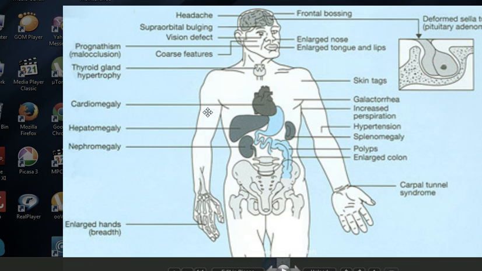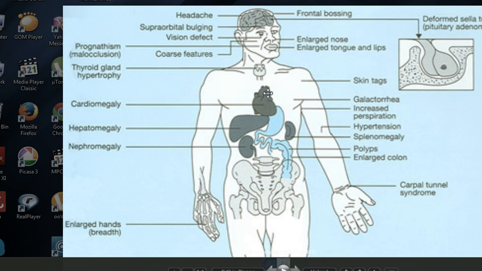In the arms, proximal muscle myopathy. In the hands, causing spade-like hand or enlargement of the hand, and it changes the ring size, which we have to ask about in the history. Also compression or stenosis of the median nerve, causing carpal tunnel syndrome.